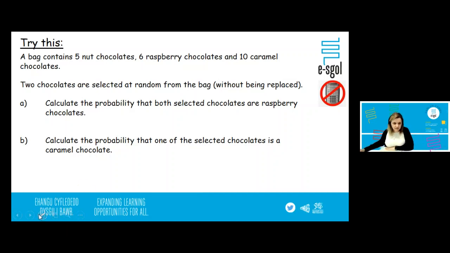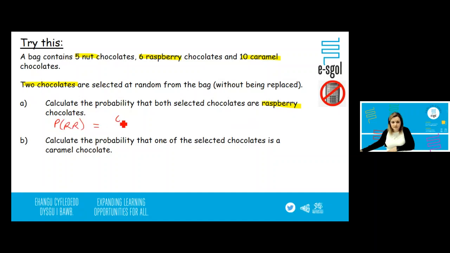So here we go. Bag contains 5 nut chocolates, 6 raspberry and 10 caramel. 2 chocolates are selected without being replaced. Calculate the probability that both selected chocolates are raspberry. Okay, so both of them are raspberry. So if we write this down, probability of R and R, we're going to use that for raspberry there.